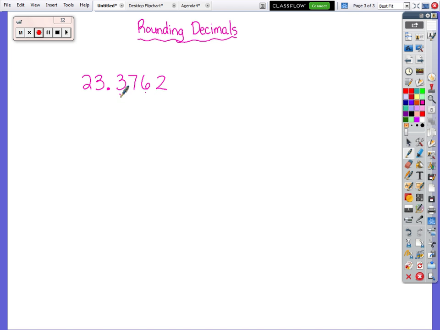So this is my tenths place. This is my hundredths. Notice the TH at the end, and hopefully this is all familiar from when we did this in class. This is my thousandths. And then this is my ten-thousandths.